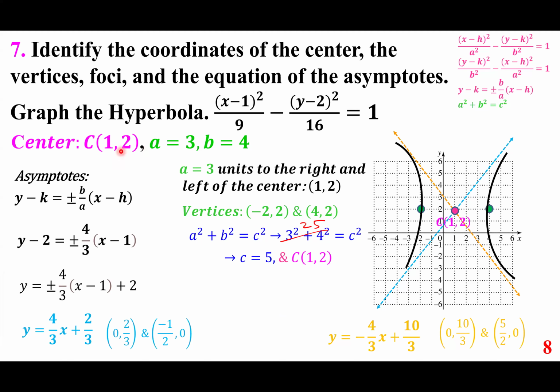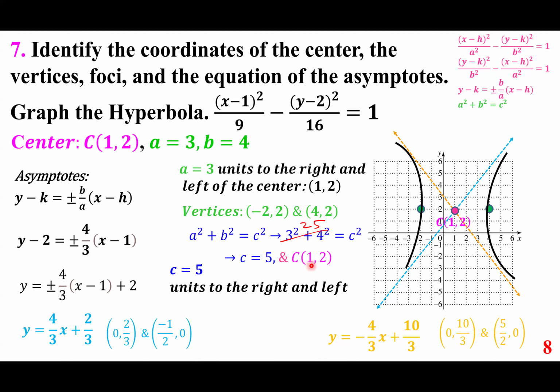And this c is the distance from the center. The center is located at 1, 2, and lowercase c, the focus, has a distance of 5 units. So we're going to go 5 units to the right and left of the center.